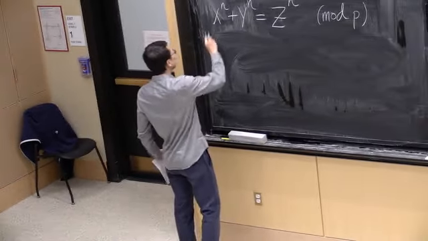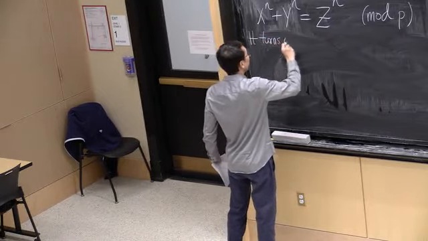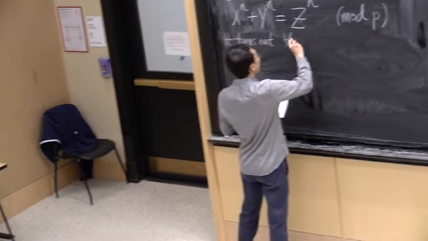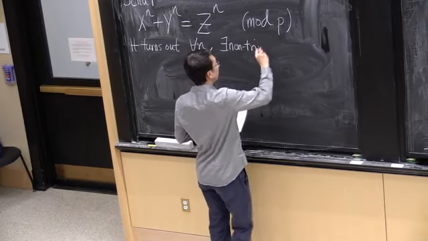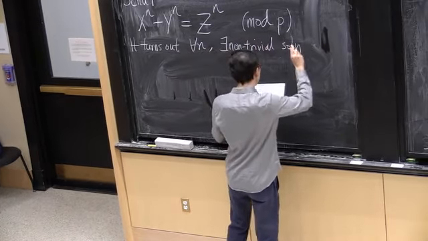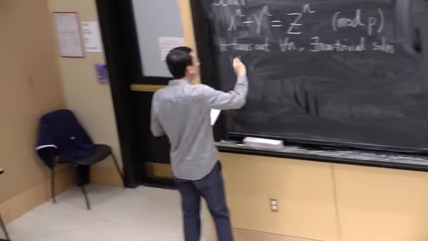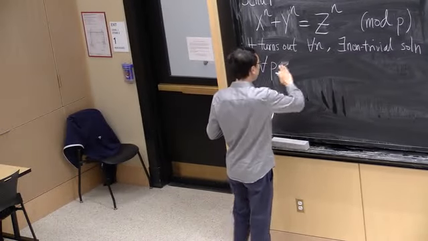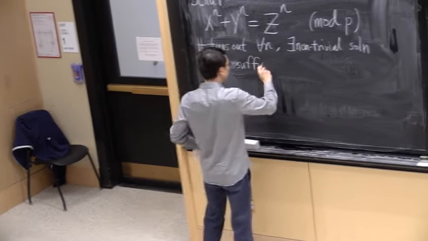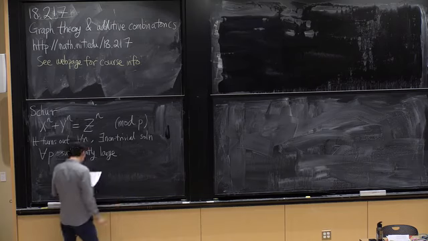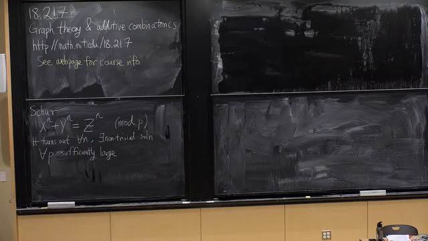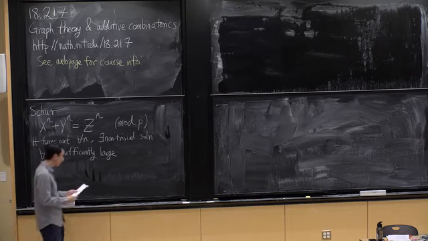It turns out that for every value of n, there exist non-trivial solutions for all p sufficiently large, thereby ruling out the strategy. Okay, so let's see how Schur proved his theorem. That will be the first half of today's lecture.